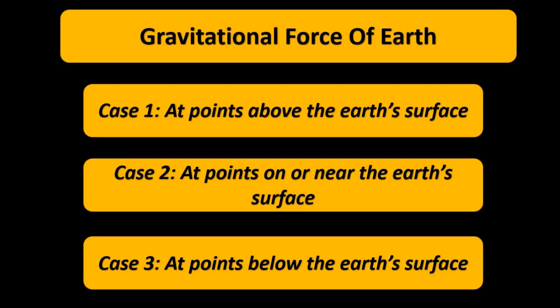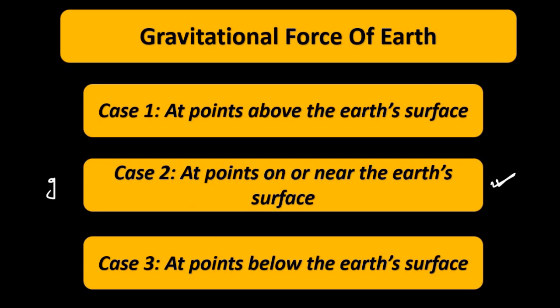So for our discussion on acceleration due to gravity, we will only stick to the case of points on or near the surface of the earth, because we want to determine the acceleration due to gravity on or very close to the surface of the earth. So we'll only stick to case 2.